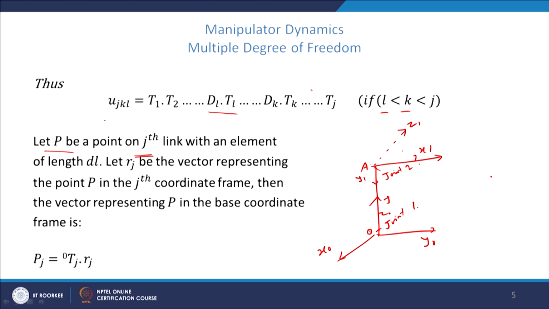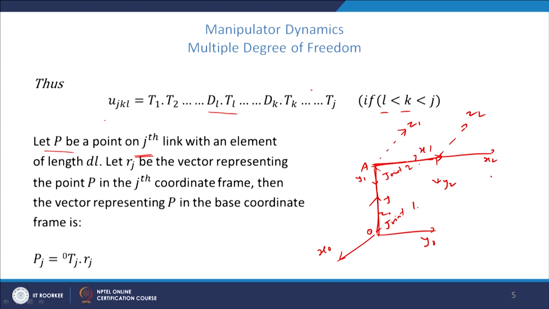So, with respect to x1, y1, z1, the link 1 is considered. Similarly, if you have another joint, for example, here z2 and x2, y2, etc. can be fixed. So, with respect to x2, y2, z2, the link 2 is written.